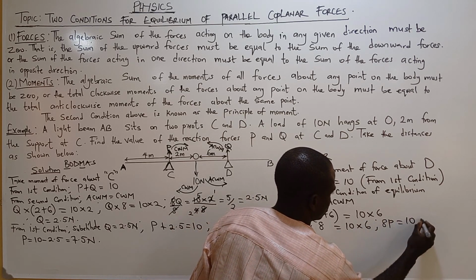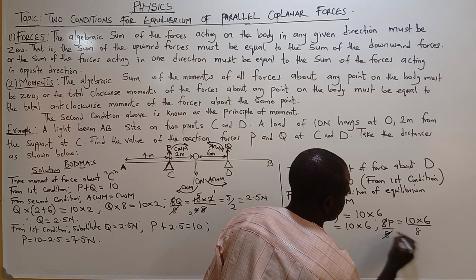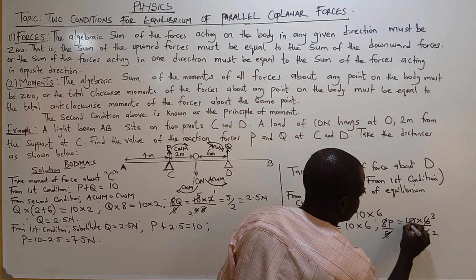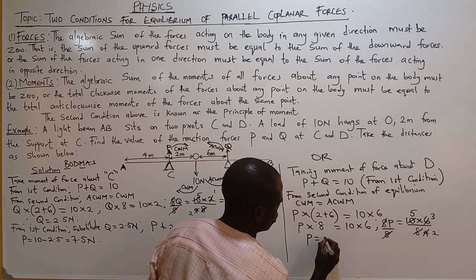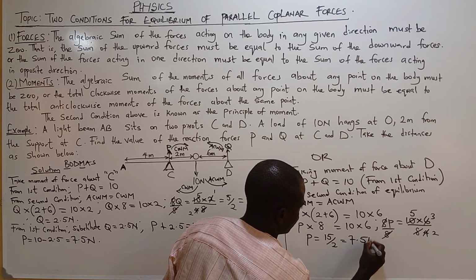8P equals 10 times 6. Divide both sides by 8: 8 cancel 8, 2 here 4, 2 here 3, 2 here 2, 2 here 5. P equals 15 divided by 2, which is 7.5 Newton.